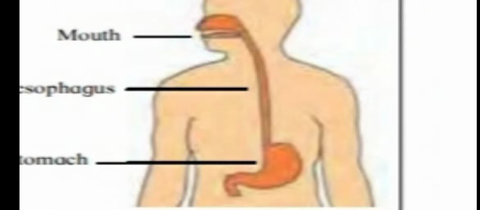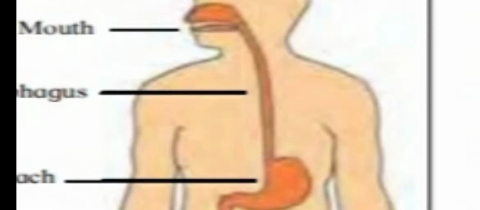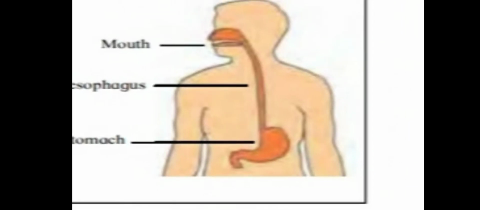The stomach and other digestive organs are in the abdominal cavity. But this tube called the esophagus or gullet has to be in the thoracic cavity. Why? Because it connects the mouth with the stomach and helps to carry the food from the mouth to the stomach. Thus, only the esophagus is in the thoracic cavity.